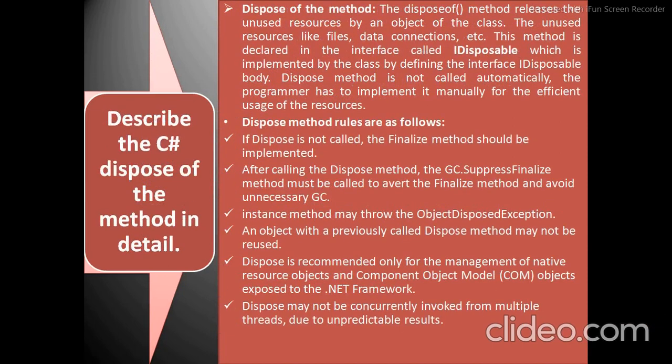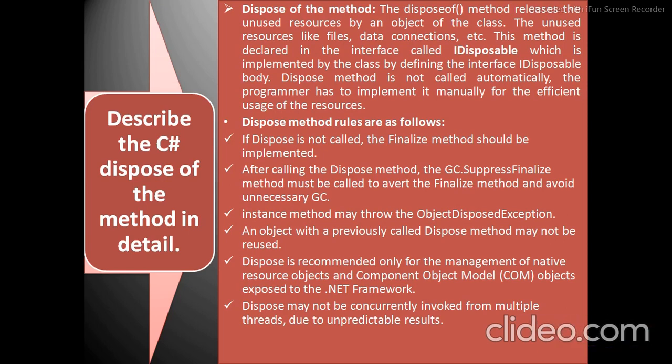Now come to describe the C# Dispose method in detail. The Dispose method releases the unused resources held by an object of the class, unused resources like files, data connections, etc. This method is declared in the interface called IDisposable, which is implemented by the class by defining the interface's Dispose method body. Dispose method rules are as follows.